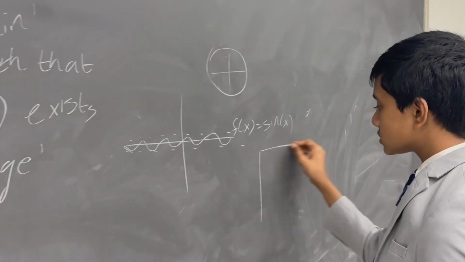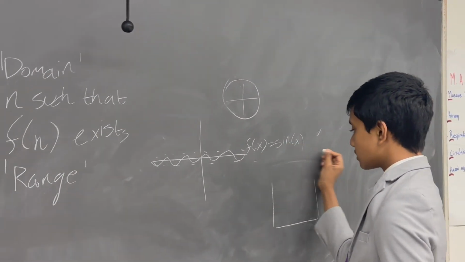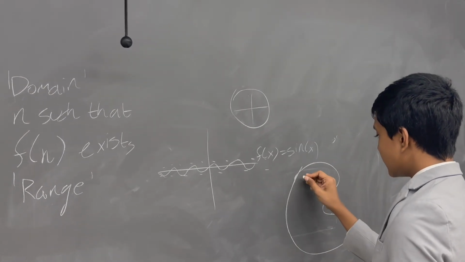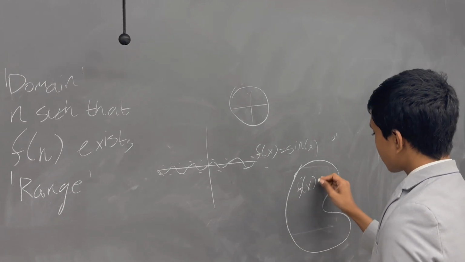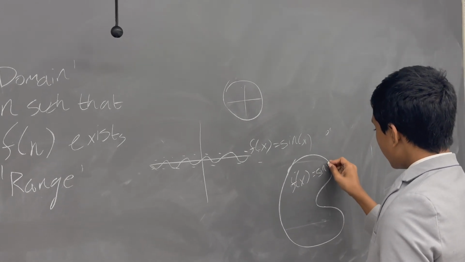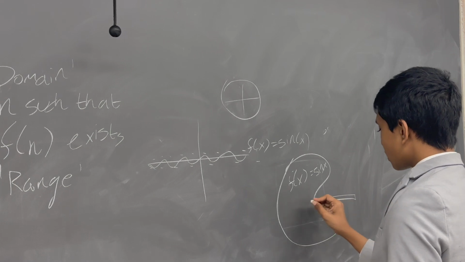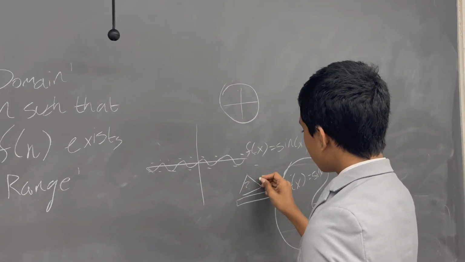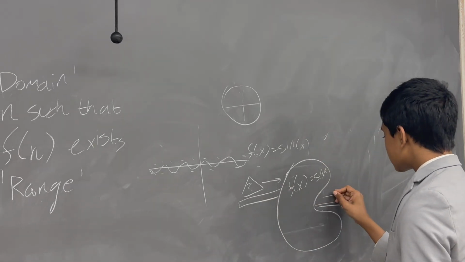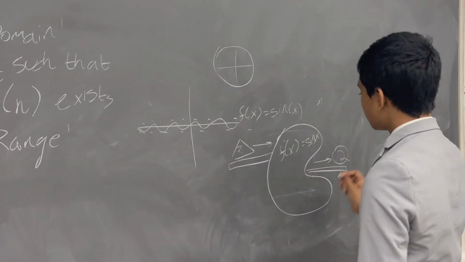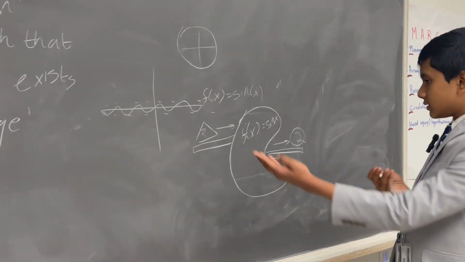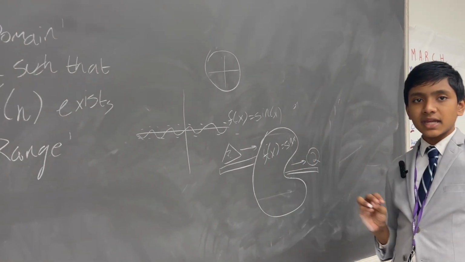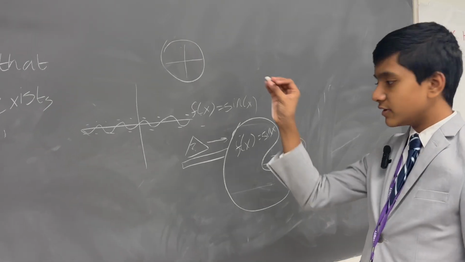In other words, let's say this is our factory, and you want to put something in, you don't know what that is yet, so that the result that comes out is the number 2. But there is no such thing that gives the number 2 because it's limited between 1 and -1 by definition.